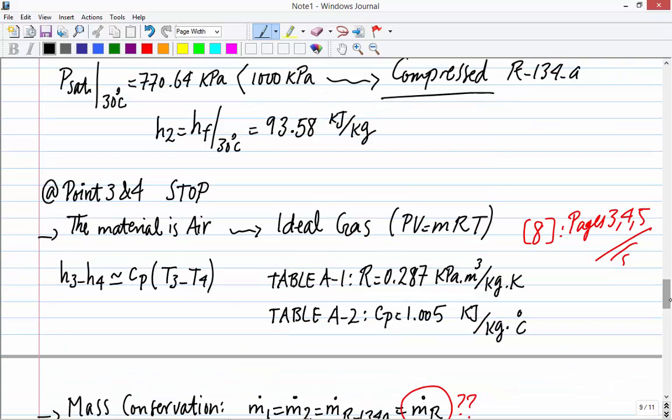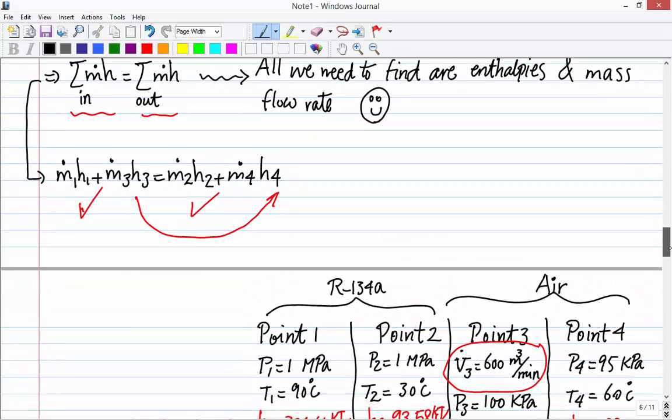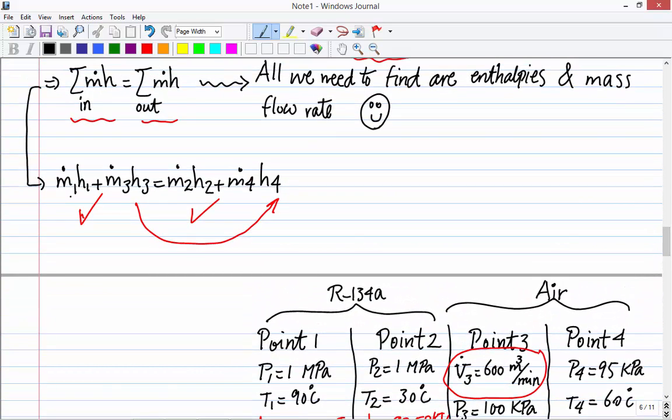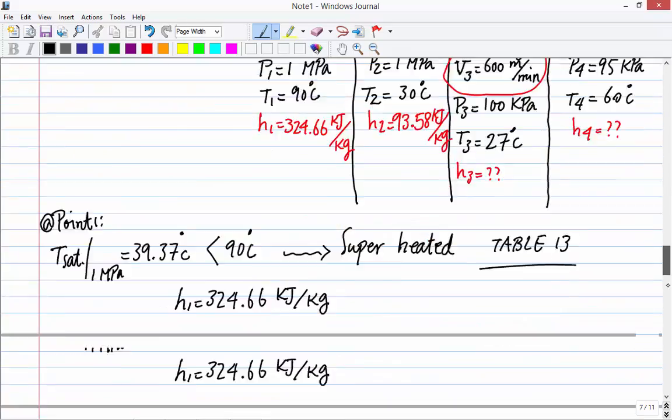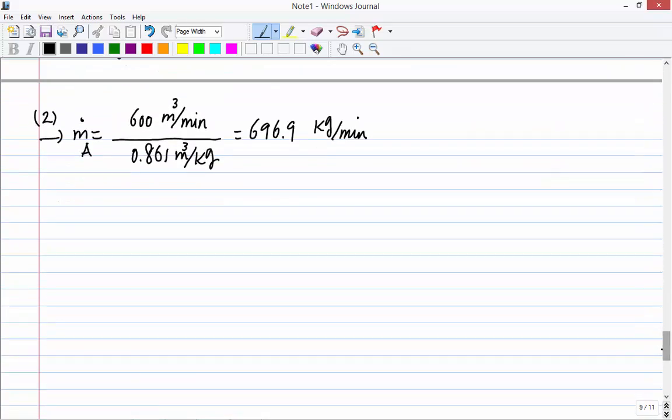So if I go to my equation here, I found m dot air, which is for points 3 and 4, and I got the difference between the enthalpies, and this enthalpy is for points 1 and 2, so I'm really ready to go. If I substitute all these new parameters, point 1 was the refrigerant, so m dot r h1.